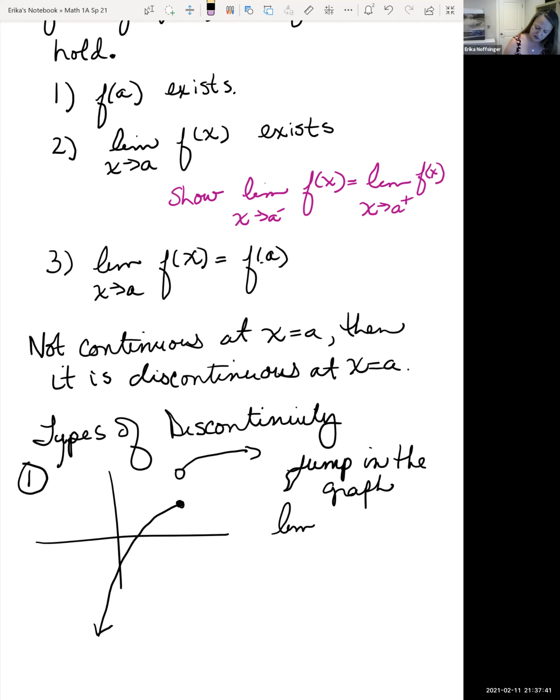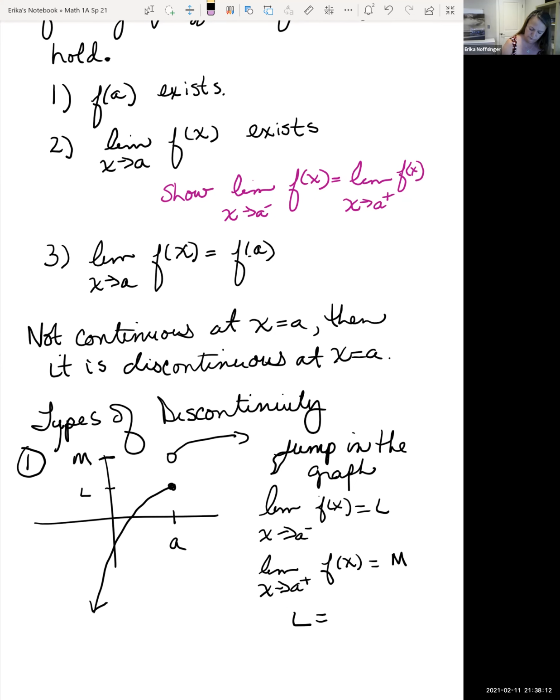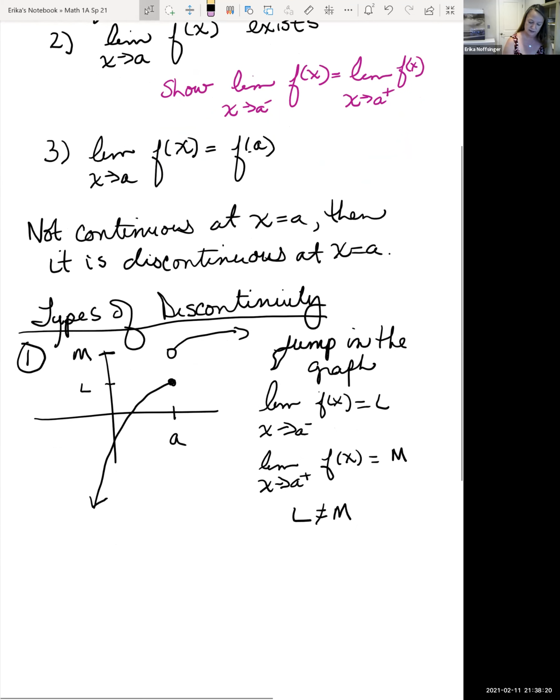That jump in the graph shows us that the limit as x is approaching a on the left, maybe we can say that's L, does not equal the limit as x approaches a from the right of f of x, which, let's say, maybe that's a y value of m. Okay, so a jump in the graph. This is what's going to occur.